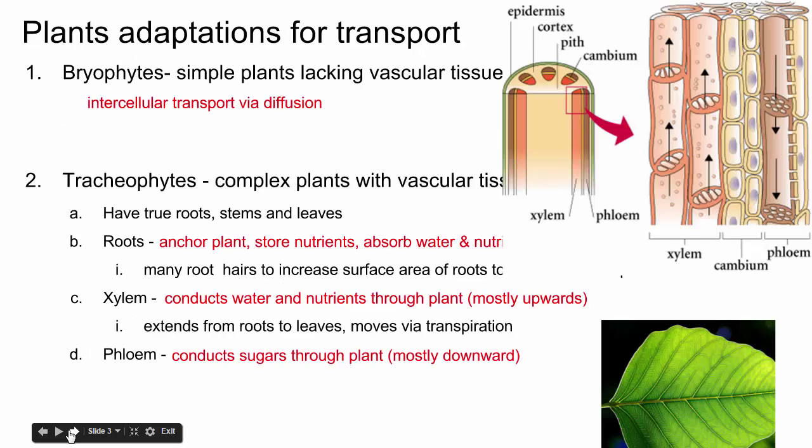If you look at this photo of the leaf, this is the vascular tissue. These are called the veins of a leaf. These are made of bundles of xylem and phloem to transport material both out to the leaf and into the plant from the leaf. So the veins of a leaf are the vascular bundles.